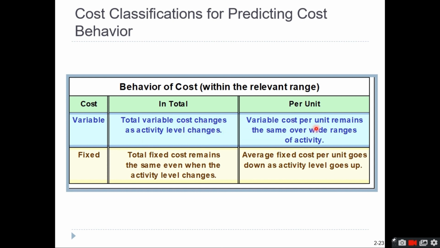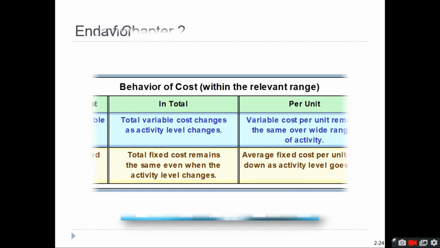But on a per unit basis, it will remain the same. The fixed cost will be the same when it comes to the total cost, but it will decrease as the production also increases. So the relationship of variable cost to production will be direct relationship, while the relationship of fixed cost to production will be indirect relationship.